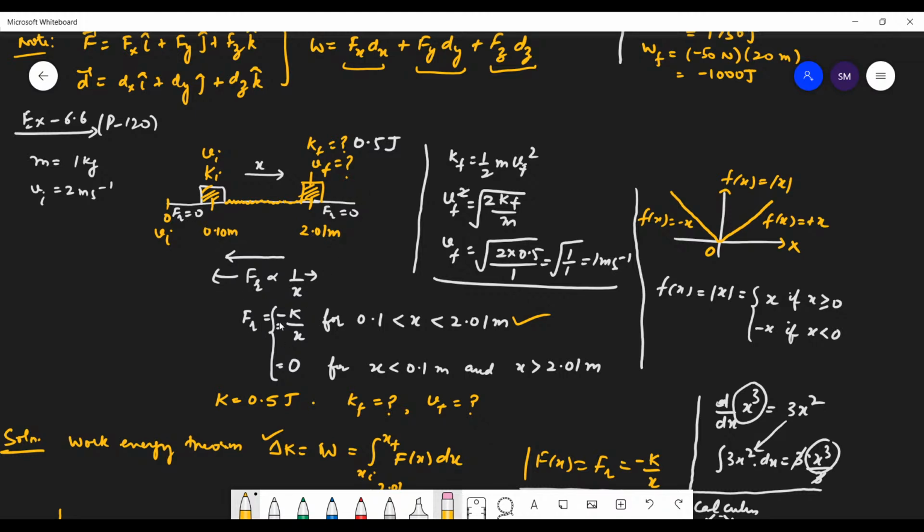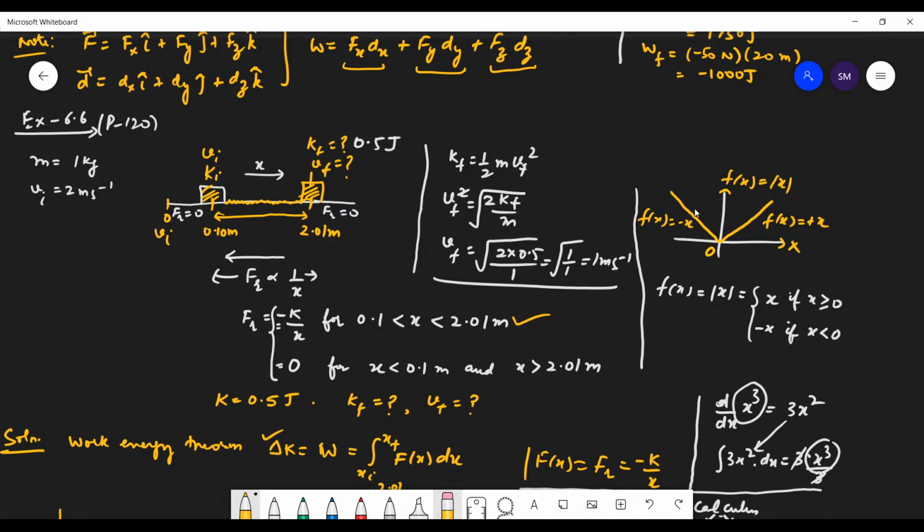So the resistive force equals minus k by x when the position is between 0.1 and 2.01 meter. When there is a rough patch, this is the resistive force, meaning the force in this direction is minus k by x, because this friction force is opposite to the direction of the displacement. It is 0 for the smooth surface when x is less than 0.1 and when x is greater than 2.01.